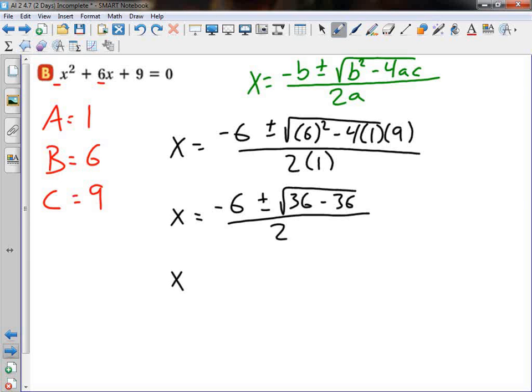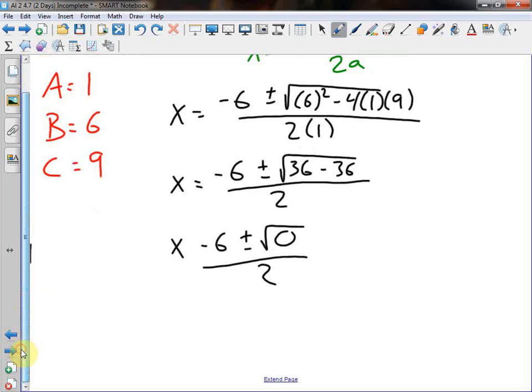Well, this is going to give me plus or minus square root of 0. Well, the square root of 0 is 0, and 0 does not change an answer at all. So really all we're left with is negative 6 over 2, which is negative 3. This one only has one zero at negative 3.